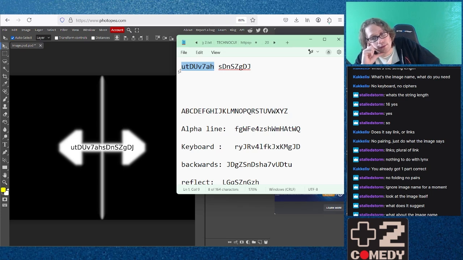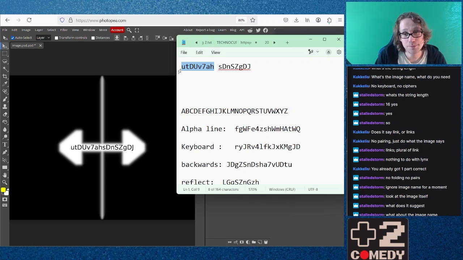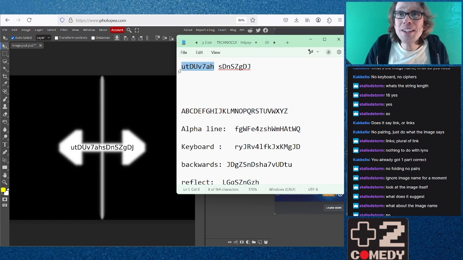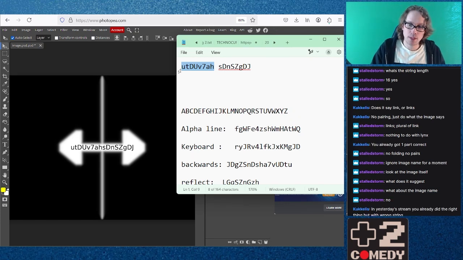Links. What about the image name? It would imply a connection between the two. Or multiple protagonists from the Legend of Zelda video games. The previous level was Nintendo related.